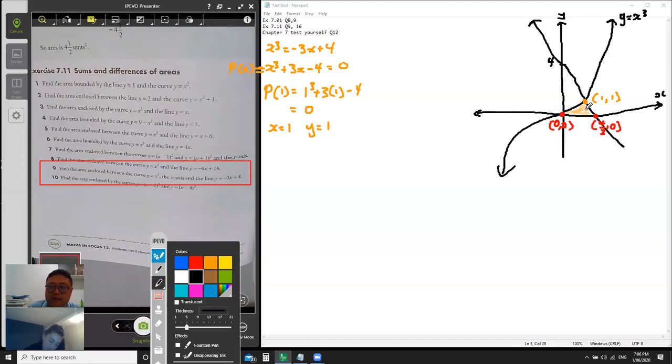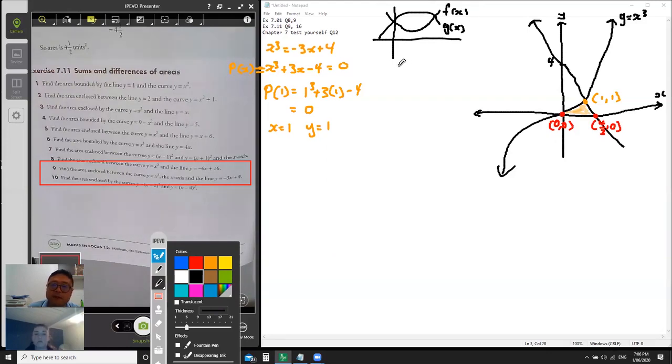So do you see how this one's different from an area between two curves question? Yeah. So if you've got a top curve and a bottom curve, the top curve is f of x and the bottom curve is g of x. Oh, it's the other way around, isn't it? g of x is the top curve and f of x is the bottom curve, right?